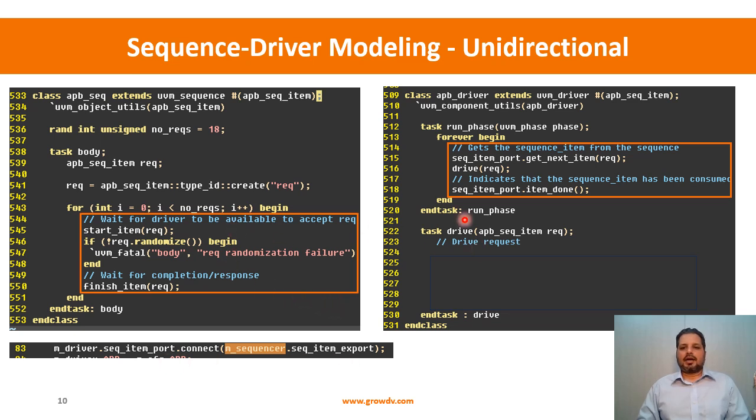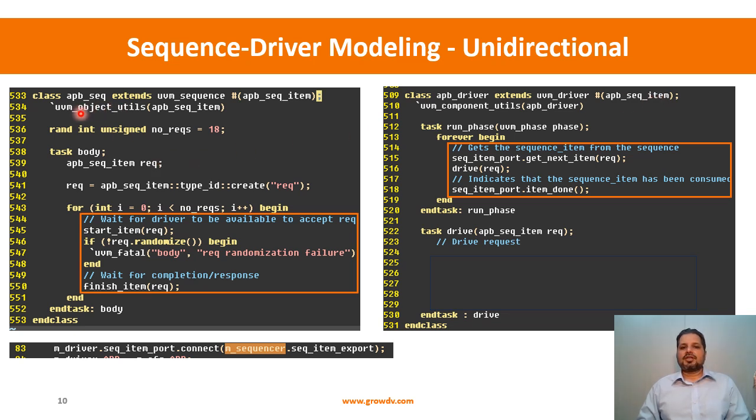Now let's look at these two pieces of code for how the APIs are used for the handshake. We have the APB sequence, which is extending the UVM sequence parameterized by the APB sequence item. We have a driver extending UVM driver parameterized by the APB sequence item. Both are parameterized by the same APB sequence item, so both of them are compatible.